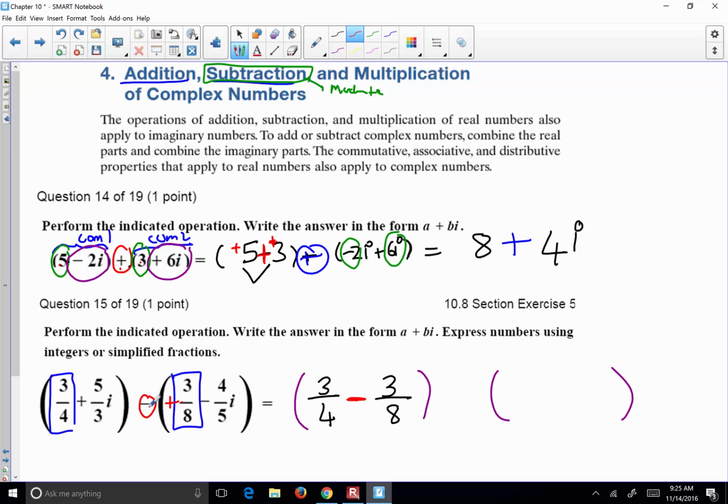So this is plus 3/8. Minus plus 3/8 makes minus. Be careful, okay? Second, we are going to now group the i's. No, sorry, this is wrong. Go with the sign in front. Positive 5/3 i.